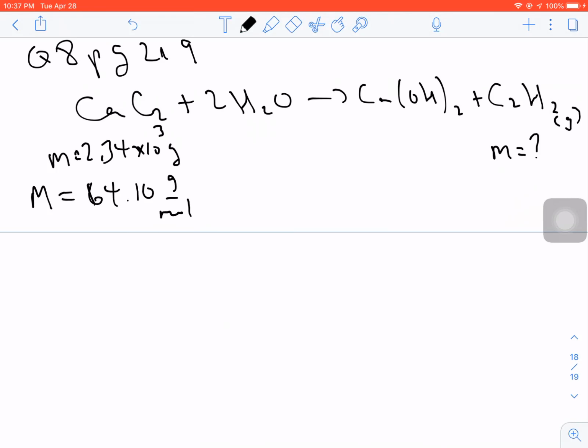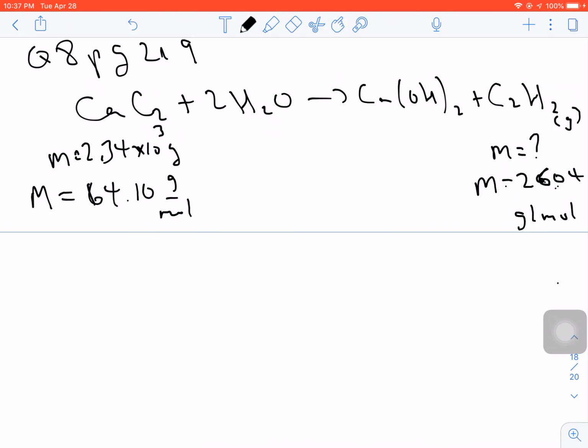And the molar mass over here for acetylene is going to be 26.04 grams per mole. Okay, so those are my two molar masses.